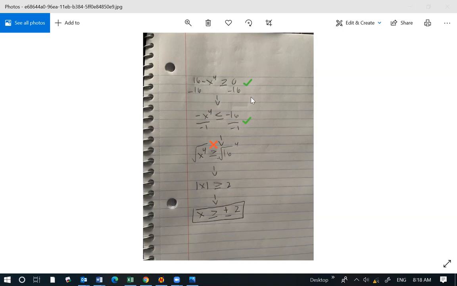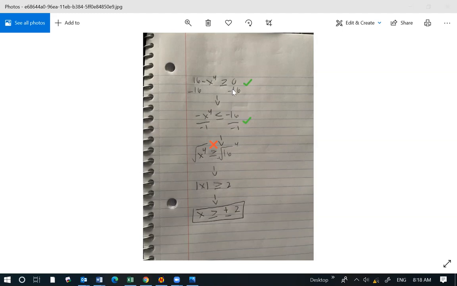When you subtract 16, you switch the direction, didn't you? When I subtracted 16, I did switch the direction. You should not switch direction. When you're adding or subtracting, you don't switch direction.